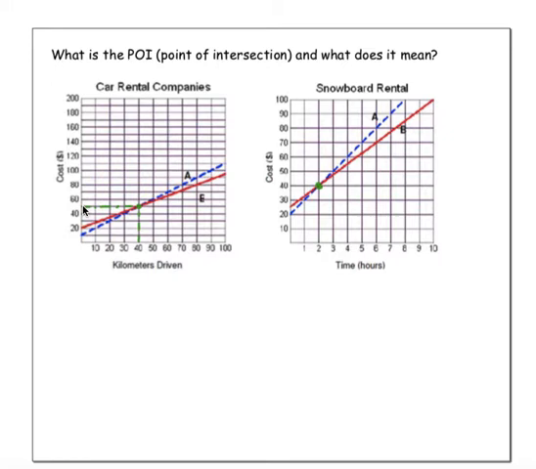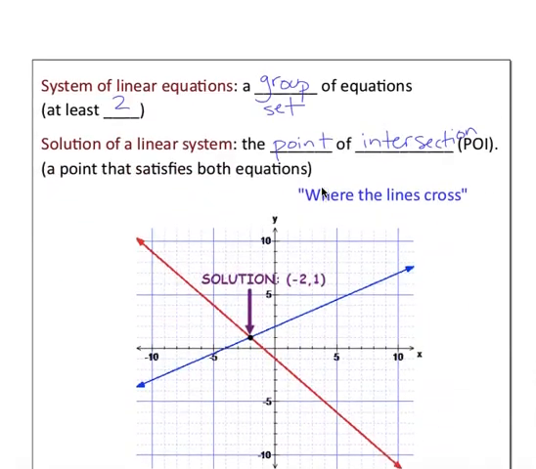It's going to cost us the exact same. With snowboarding rentals, we look at cost and time per hour. If we're going snowboarding for 2 hours, it's not going to matter if we go with company A or company B, because it's going to cost us $40 no matter what.